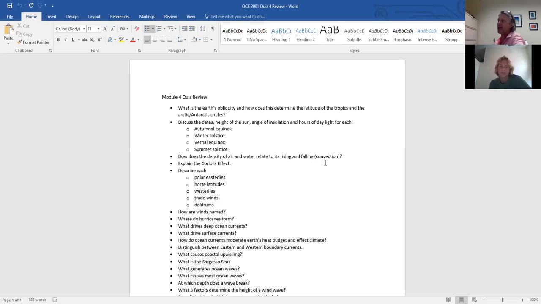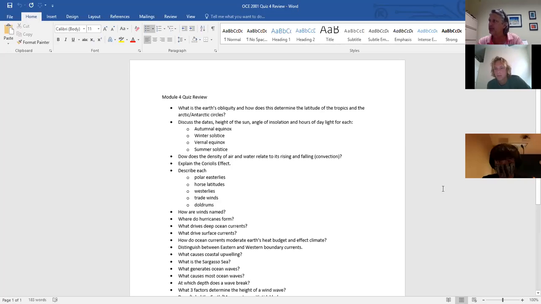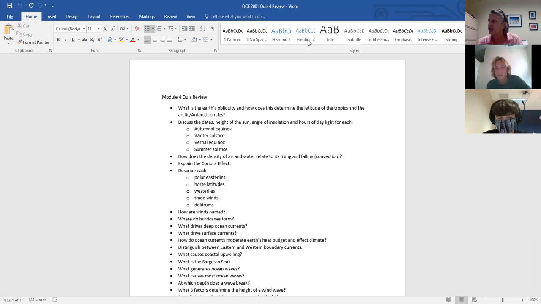So Earth is tilted on its axis, and because of that, we get uneven heating. That determines the seasons. The latitude of the tropics, which is 23.5 degrees north and 23.5 degrees south, is equal to the axial tilt. The axial tilt is 23.5 degrees.